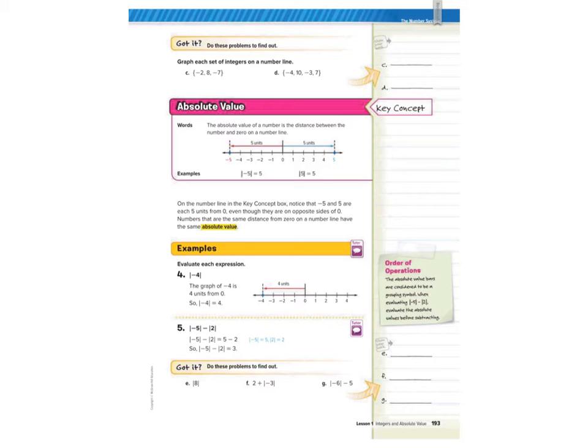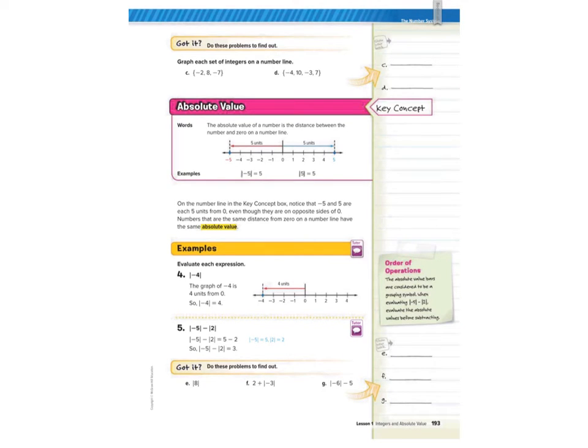And number 5, they want us to work a subtraction problem that has absolute value in it 2 times here. So we need the absolute value of -5, which is 5. And we need the absolute value of +2, which is 2. So if we subtract 5 minus 2, we get 3.